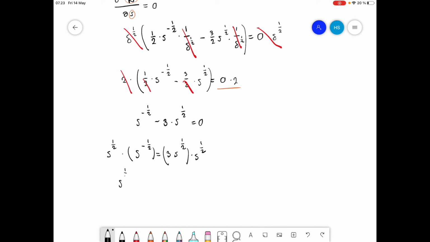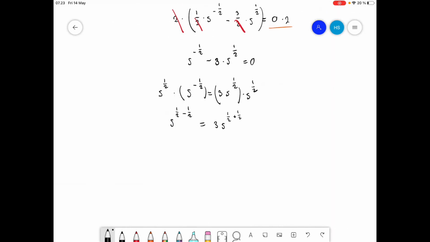If we do so, on the left hand side we get s raised to 1/2 minus 1/2, which should be equal to 3 times s raised to 1/2 plus 1/2. This here is a 0, so on the left hand side we have s raised to 0, and on the right hand side we have 3 times the savings rate raised to 1. s to the power of 0 is just equal to 1.